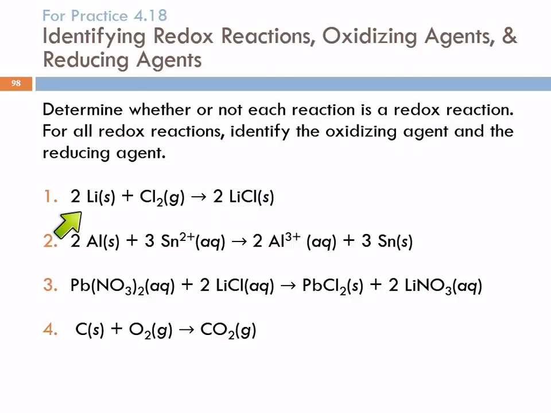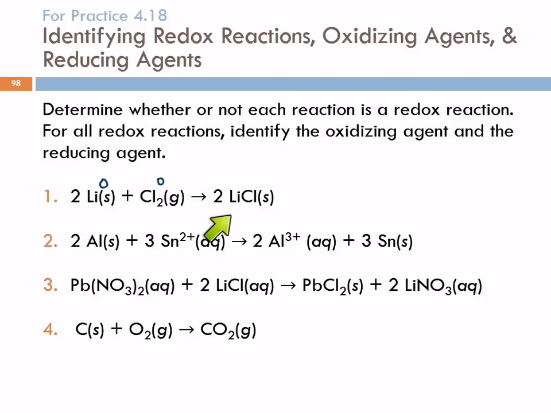But then let's also look, since we have an ionic compound here, let's look at charges and see if anything is changing charge, because that would indicate that electrons are being gained or lost. Personally, I think it's a good idea to look at charges first and only go to the oxidation states if you need to. So what's the charge on lithium here? 0. It's 0. So that has a 0 charge. And how about the chlorines? 0.